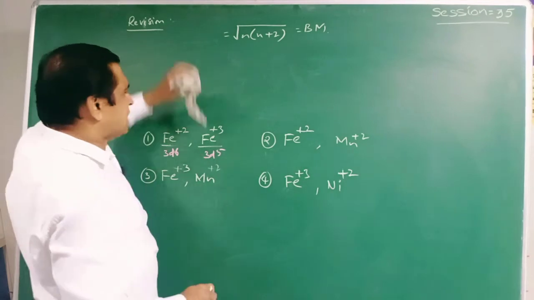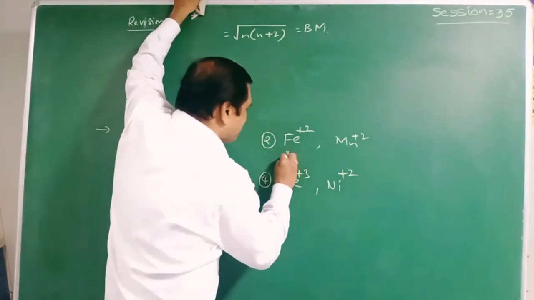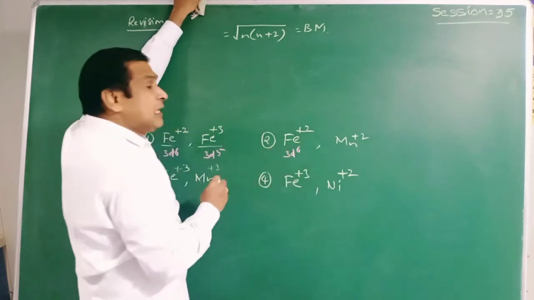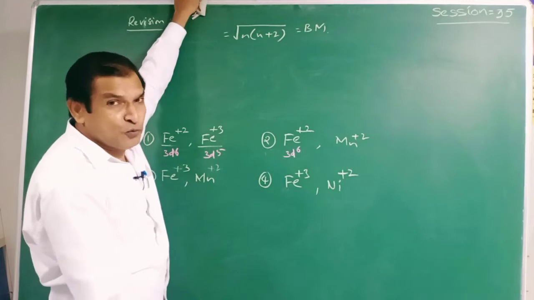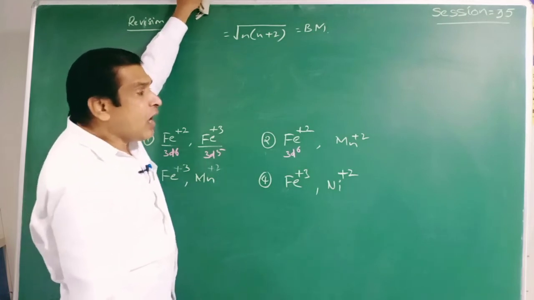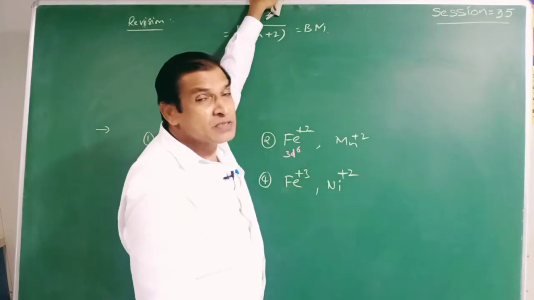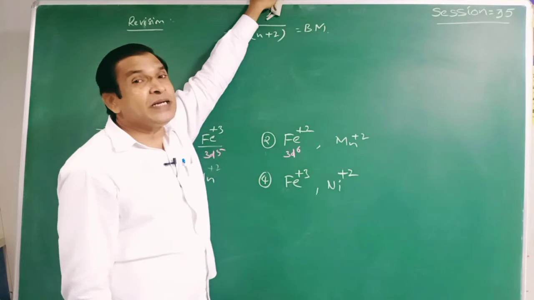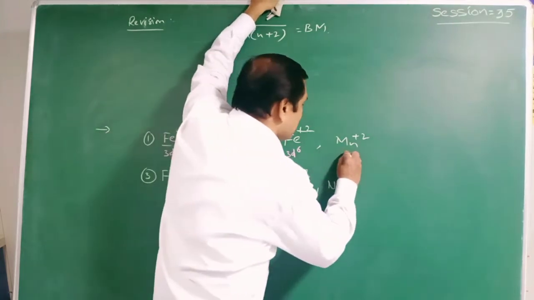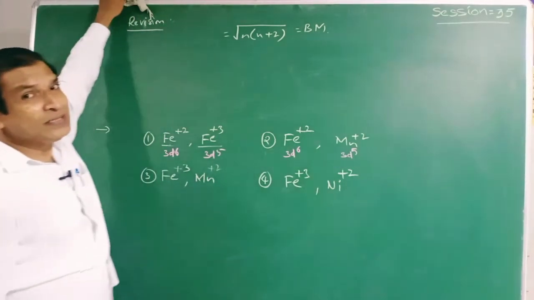Next, Fe plus 2 again, we already know it is 3d6, that is 4 unpaired electrons. Mn plus 2: Mn, manganese atomic number 25, argon 4s2 3d5. For Mn plus 2, it loses 4s electrons first, so it has 3d5. This ion has 3d5, that means 5 unpaired d electrons.